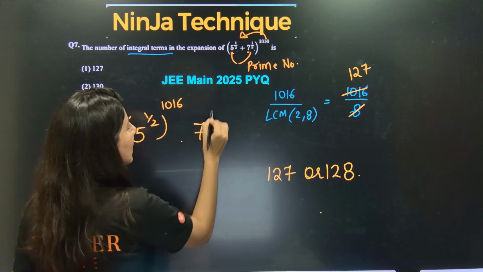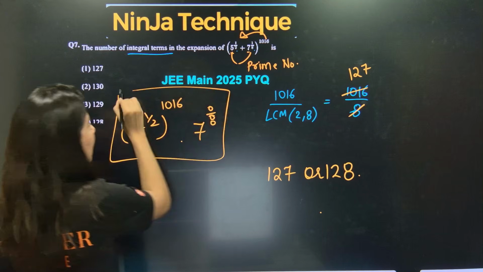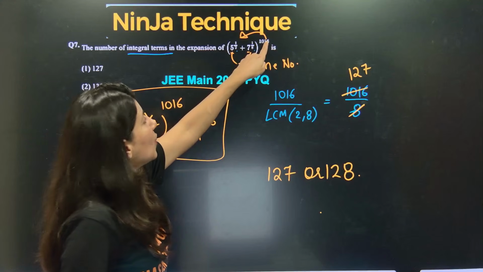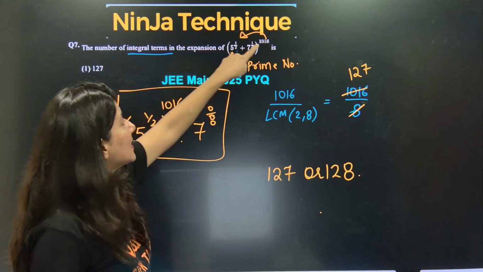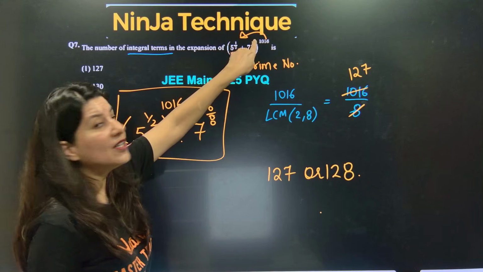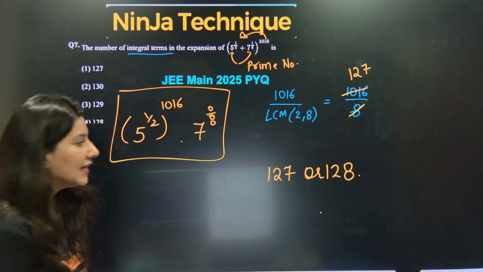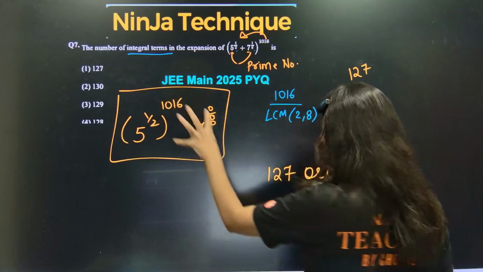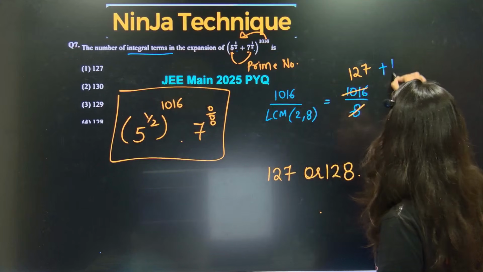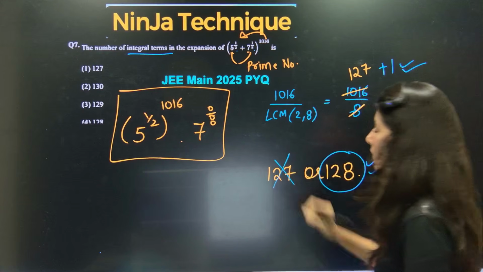And 7 power 0 by 8, is this an integer? Yes. So basically you have to apply the whole 1016, give the whole 1016 to this and give power 0 to the 7. And you will realize that yes, this is becoming an integer. So that means yes, you have to add plus 1 to it. Hence 128 is the final answer and not 127.